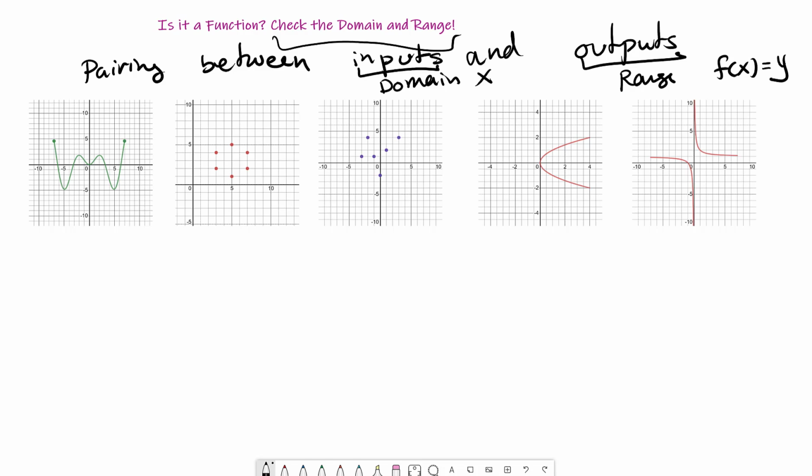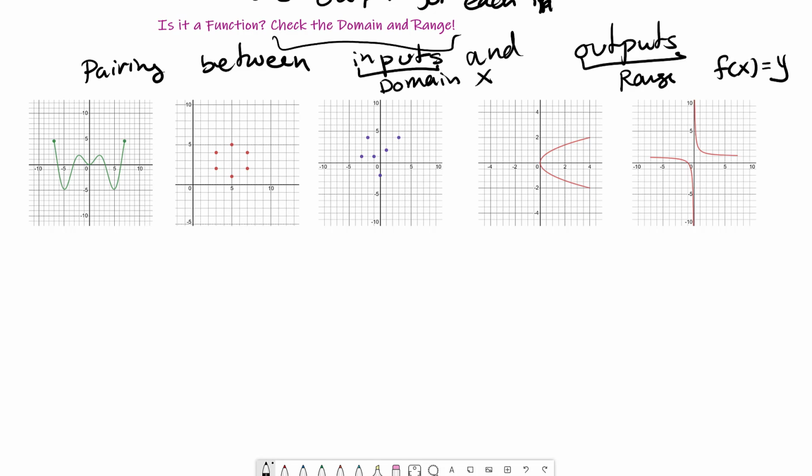And one of the things we've learned is that we can have a single output with many different inputs. So we can have different x's going to the same y. However, for each input, we can only have one output.